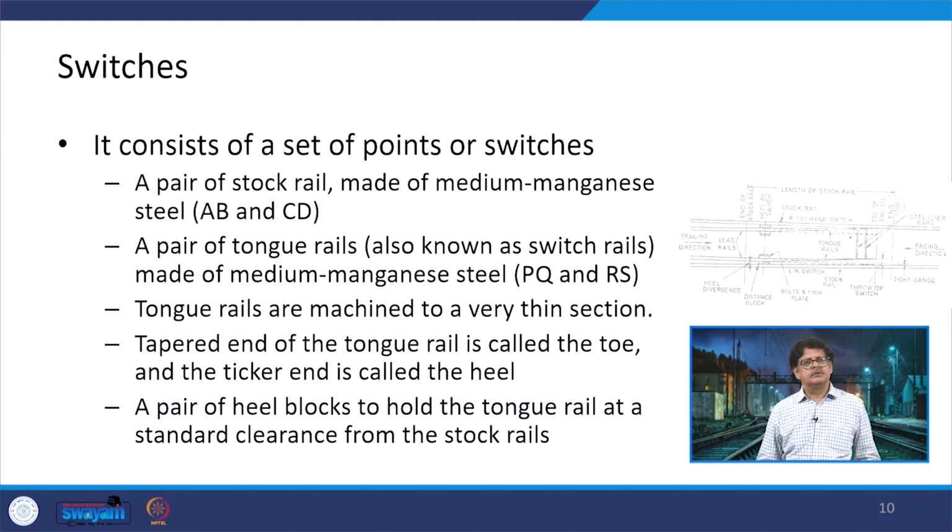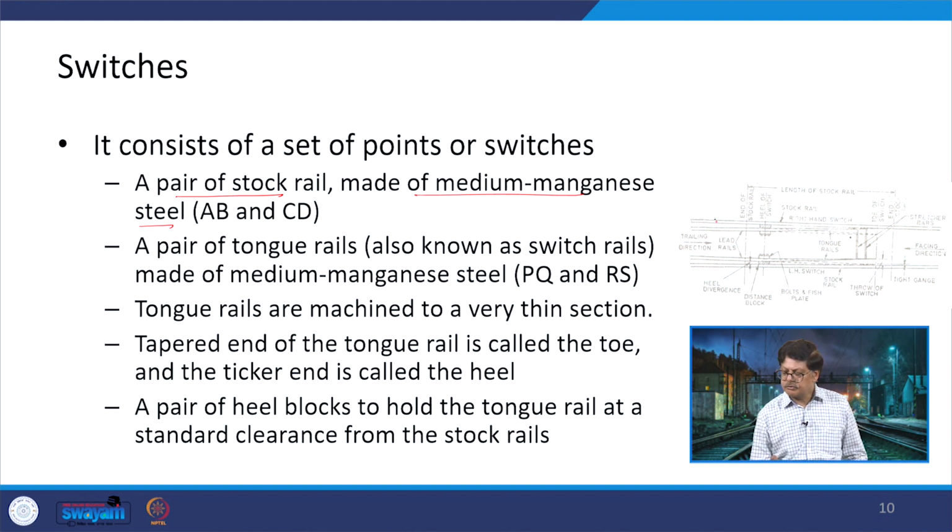The switches, we did talk about before. Again we are discussing it here. There is a pair of stock rails made of medium manganese steel. So, anything like A, B or C, D, they are the pair of stock rails.